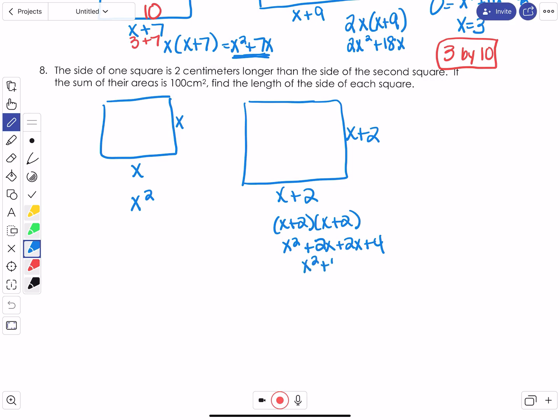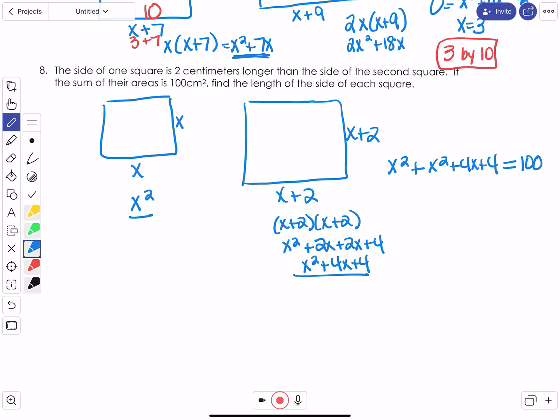So we get x squared plus 4x plus 4. So this is this area. Okay, so it says the sum of their areas. So we're going to add these two things together. So x squared plus x squared plus 4x plus 4 equals 100.